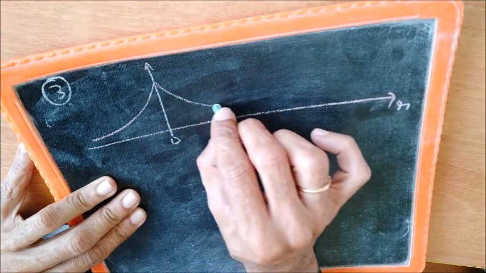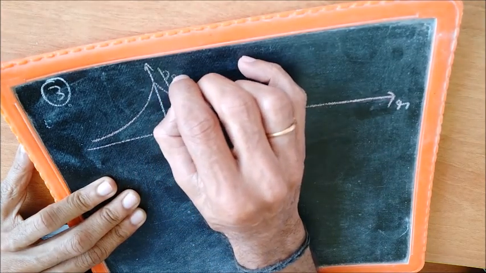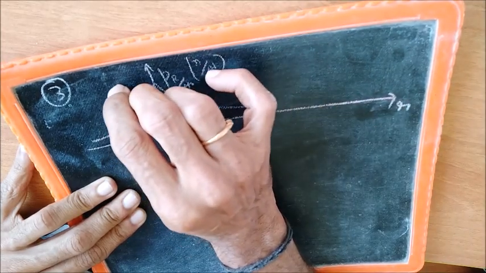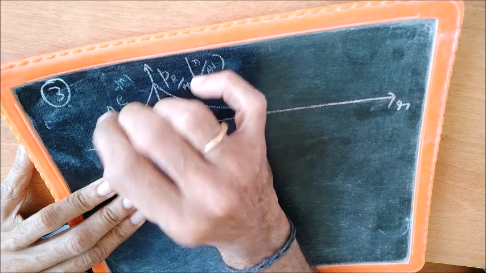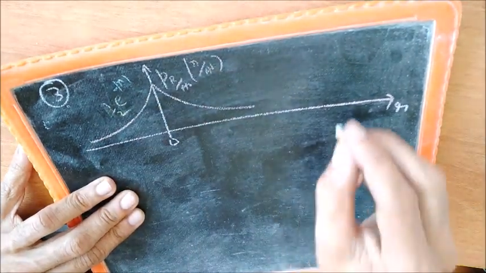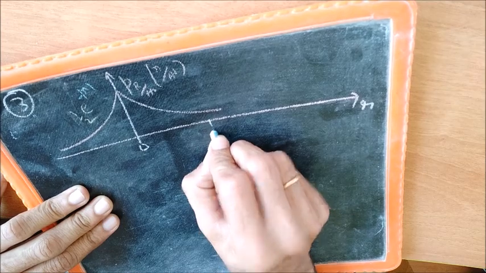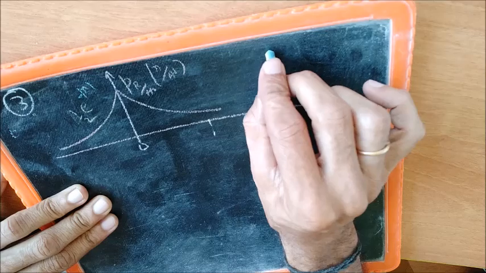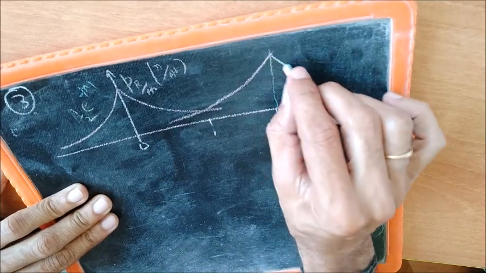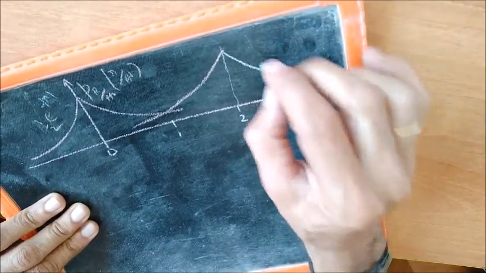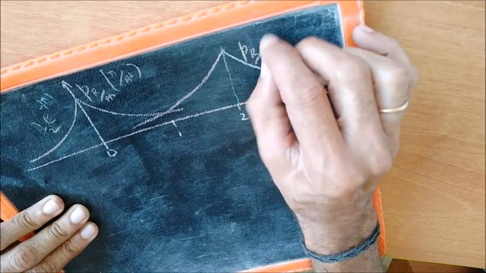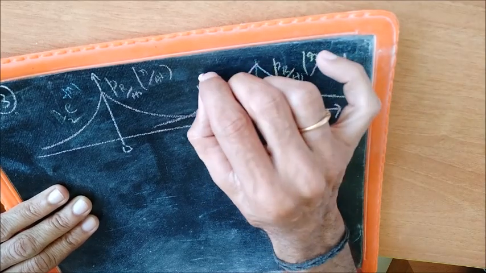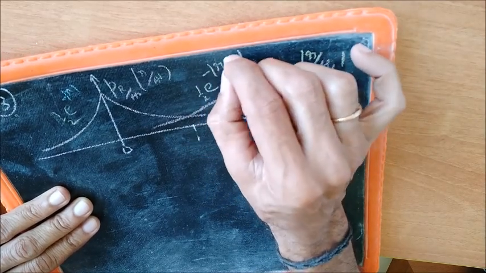This will be P(R|H0), which is 1/2 e^(-|R|). And if I say this is 1, this is 2, then this will be P(R|H1), which will be nothing but 1/2 e^(-|R-2|).